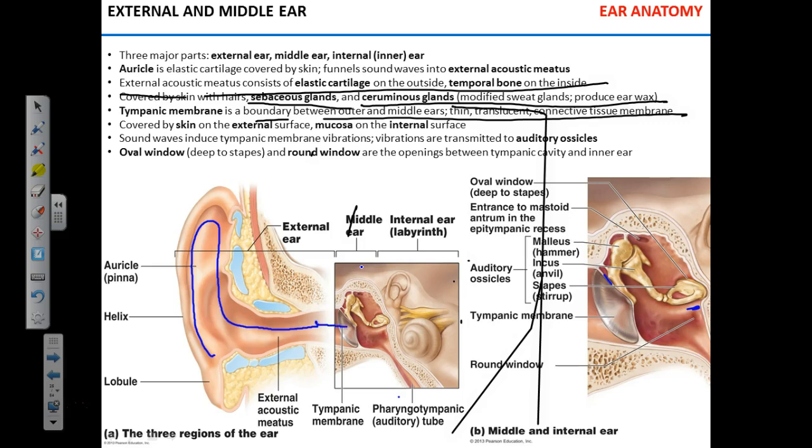It reaches the tympanic membrane. Vibrations go through the auditory ossicles and through the oval window directly into the inner ear. We didn't talk about the inner ear yet. It's not time yet. Does that make sense? Structure and functions and all that.